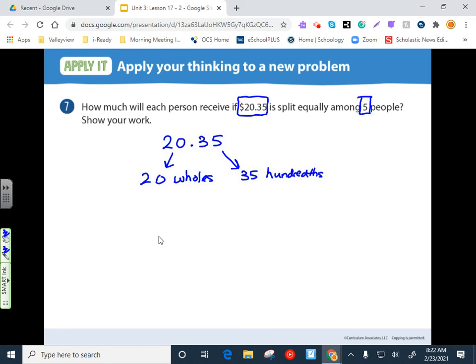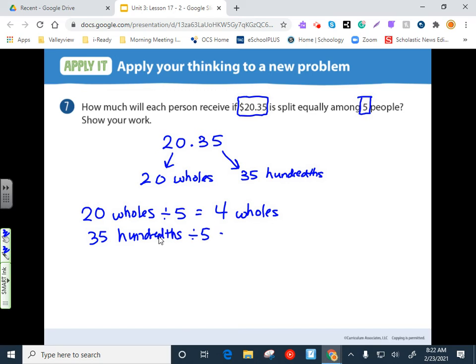So let's do the wholes. Let's do 20 wholes divided by 5 equals 4 wholes. And let's try 35 hundredths divided by 5 equals 7 hundredths.